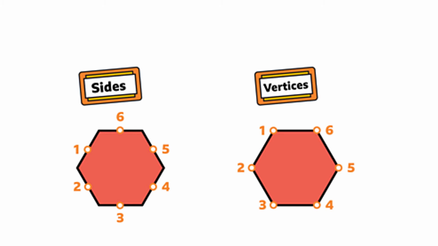Hexagons have 6 straight sides and 6 vertices. We can see by the labelled picture where the sides are and where the vertices are. I always remember that a hexagon has 6 sides and 6 vertices because in the number 6 we've got the x sound, just like in the word hexagon we've got the x sound.